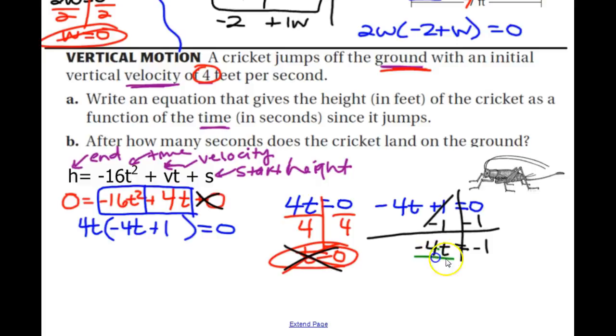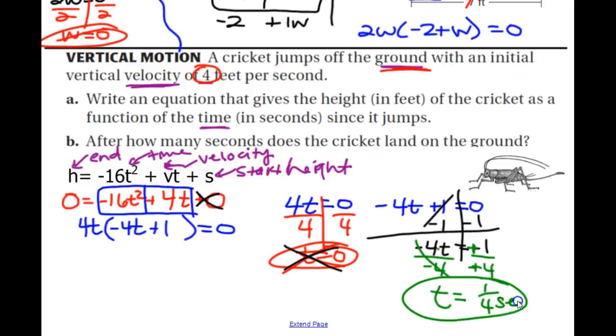And then the opposite of multiply is divide. Divide by negative 4. So we get t equals 1 over 4. Two negatives here make a positive. So you have 1/4 of a second. That is possible, even though it's very quick. It's a cricket. It's not jumping off the ground very far before it comes back down.